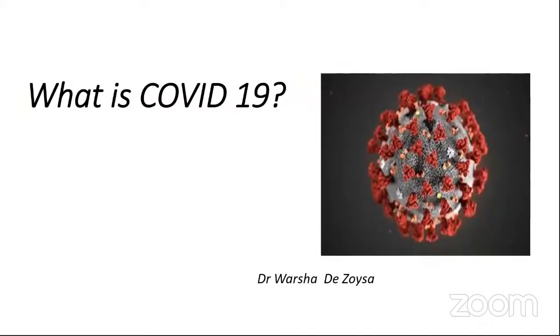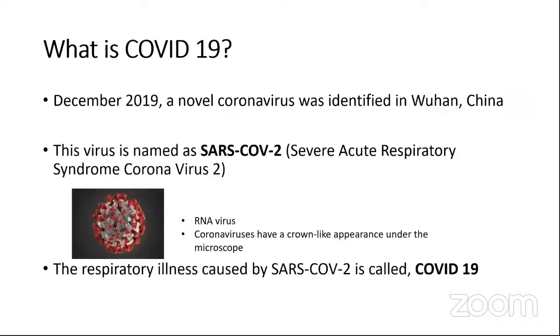The COVID-19 pandemic has been going on for the past 1.5 years. By now, we have a better understanding about the virus, the disease caused by it, and its implication on our human body. With that, let me start my talk today. What exactly is COVID-19? As you all remember, in December 2019, a brand new coronavirus was identified for the first time in Wuhan, China.